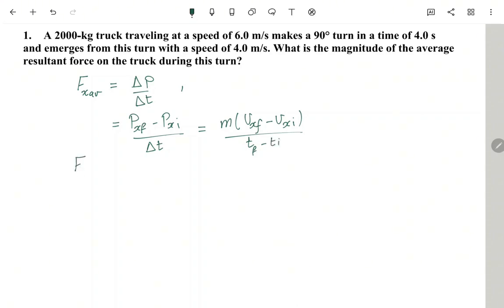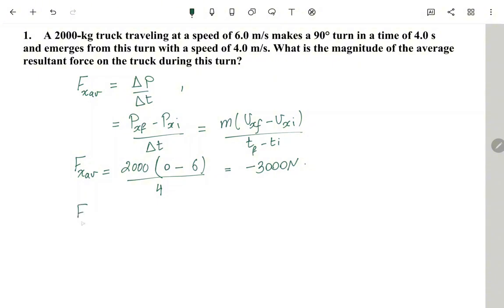So Fx average will be equal to the mass, 2000, times Vx final, because it turns 90 degrees, so Vx final here is equal to 0, minus the x initial, which is 6. The time interval is 4. So this is equal to minus 3000 newtons.